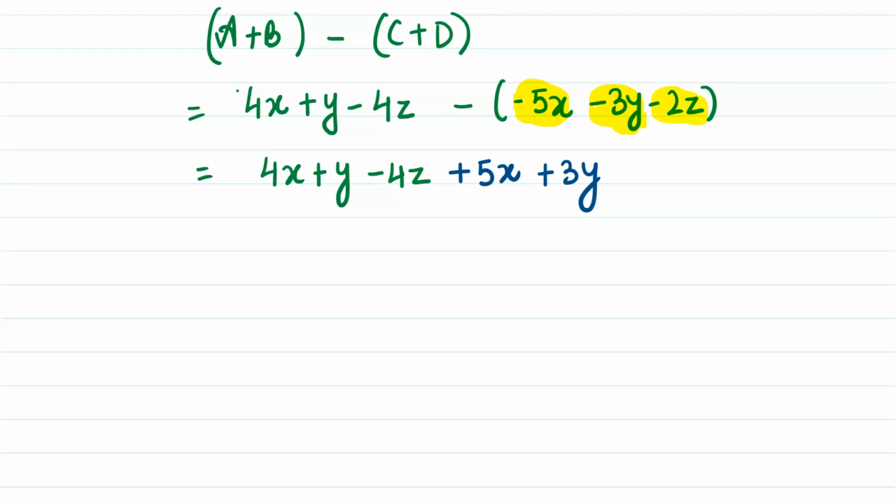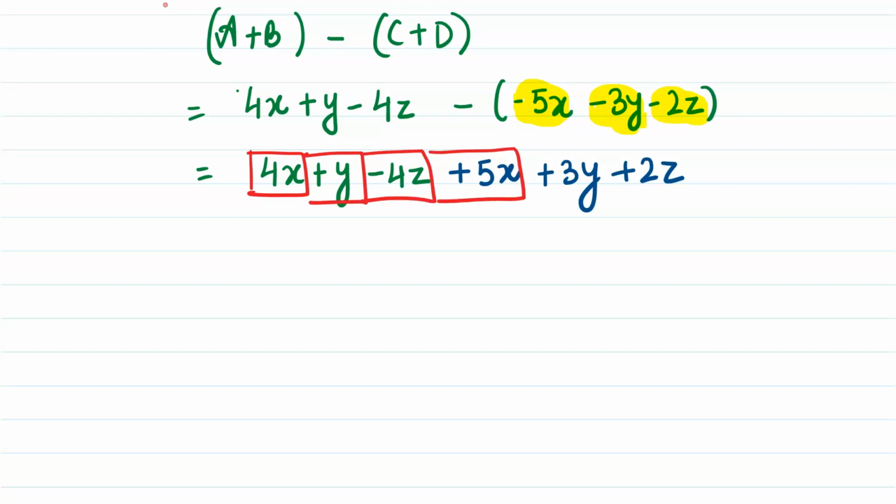Because of the negative sign outside the bracket, it will become plus 2z. Now let's again look at the terms. So the terms are 4x, y, negative 4z, positive 5x, positive 3y, and positive 2z.